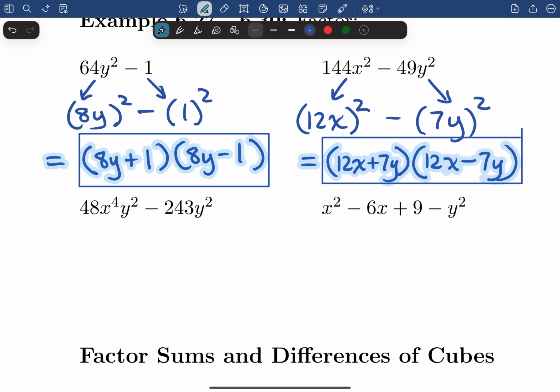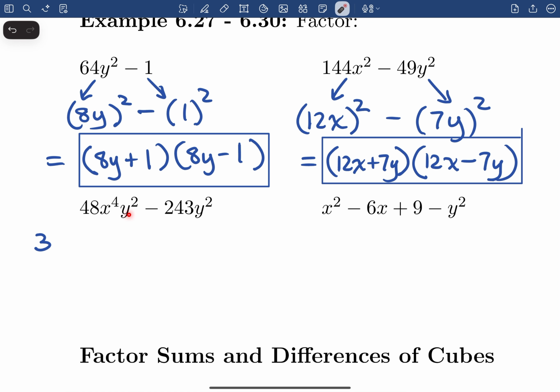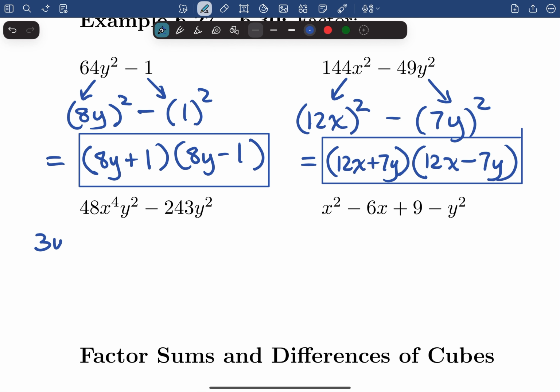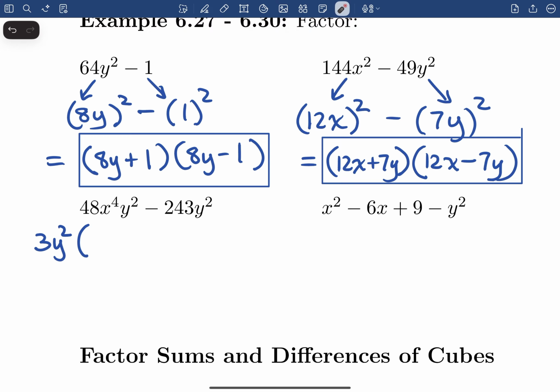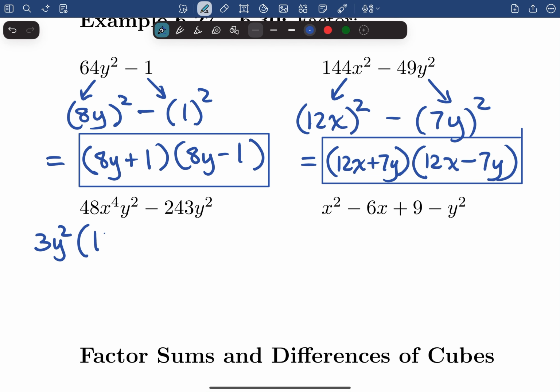If I divide 3 out of 48 and 243, then they come out clean. And I also see that there's a y squared in both of these. So I can factor out a y squared as part of the GCF. We have now found the GCF. It's 3y squared. And the stuff that's remaining, when I take each term and divide out that GCF, is a 16x to the fourth, and then minus an 81.